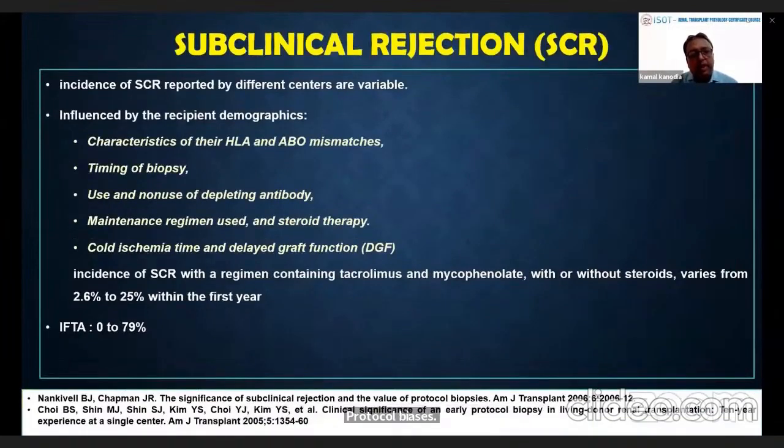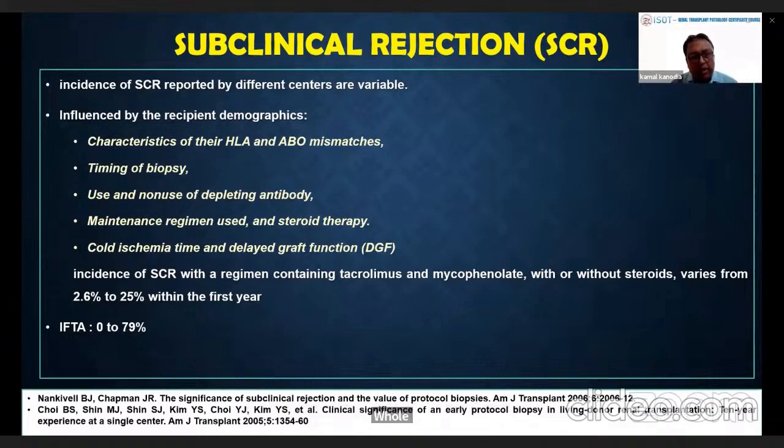Now, the true incidence of SCR is not known because the SCR reported by different centers is variable. And it is influenced by the recipient's demographics, like characteristics of their HLA and ABO mismatch, timing of the biopsy, use and non-use of depleting antibody, maintenance regimen and steroid therapy, cold ischemia time, and delayed graft function.